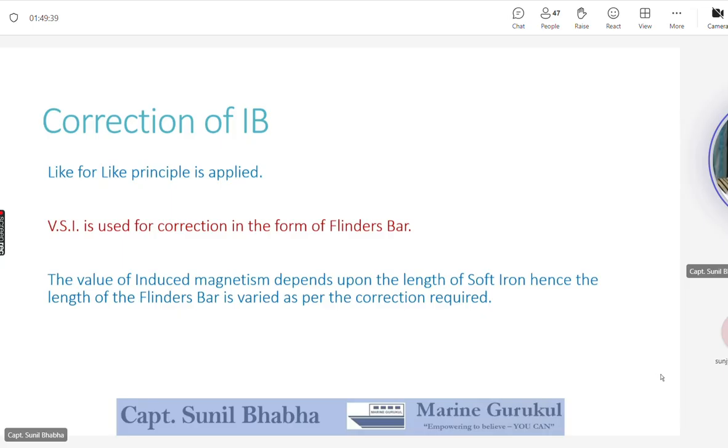Now that can be done by changing the length of the soft iron which is used as a corrector. The longer the soft iron, the more induced magnetism it is going to attain or have. So if we require a greater correction, then we use a longer Flinders bar, and in case the correction required is minute, then we can shorten the length of the Flinders bar as per our requirement.